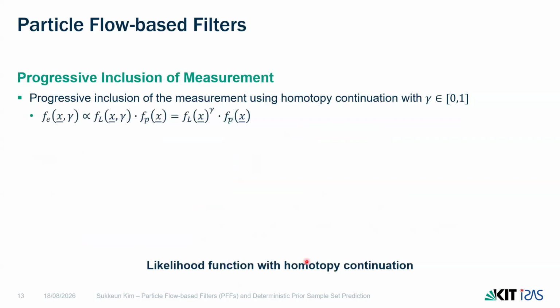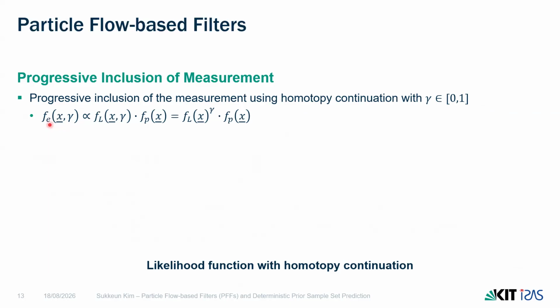One of the main ideas of this particle flow-based filter is the progressive inclusion of the measurement using homotopy continuation. So if you see here, we want to calculate the posterior. The notation is probably slightly different from what you usually use, but in our institute we use f as a posterior density, and the underbar is a vector.